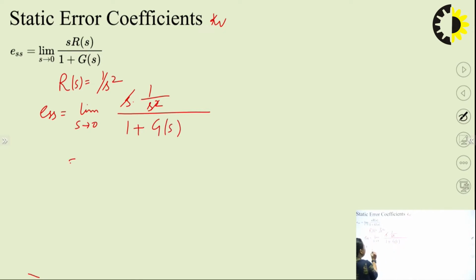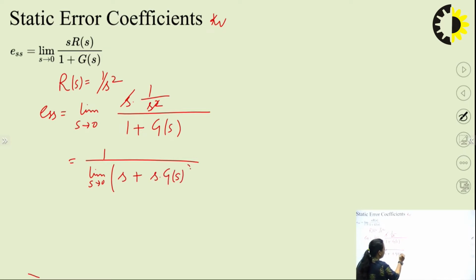So I can write it as 1 upon limit s tends to 0 of s plus s into Gs. Now when the limit is applied, the first term becomes 0. So this is 1 upon 0 plus limit s tends to 0 of s into Gs.